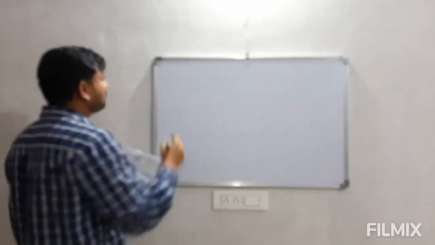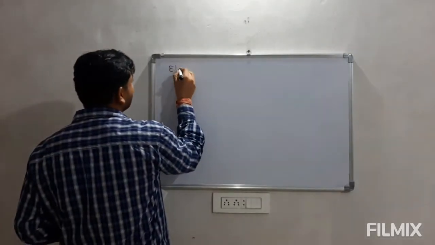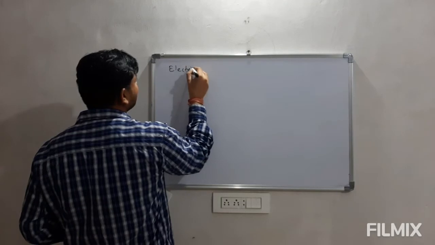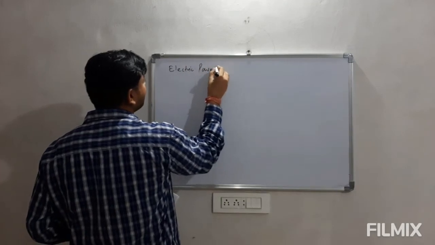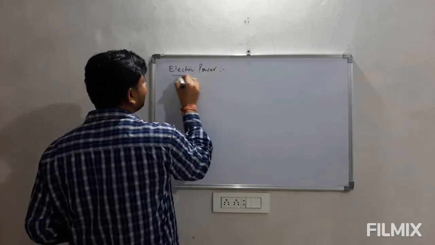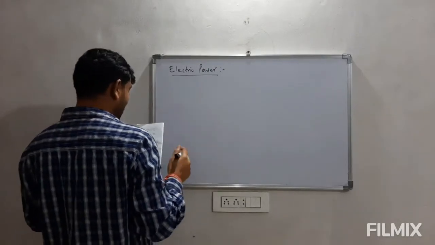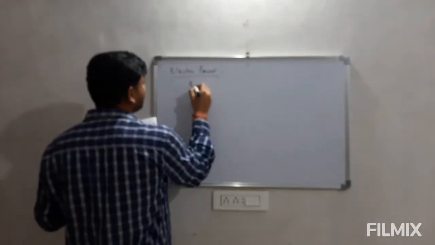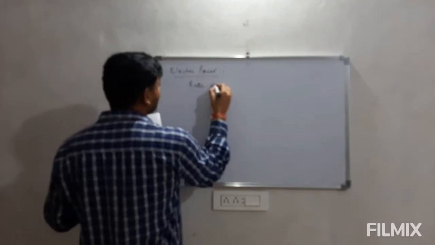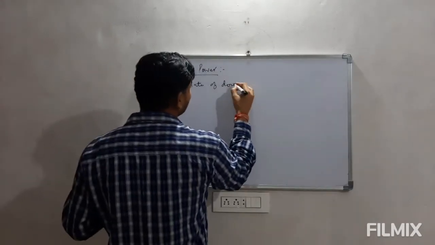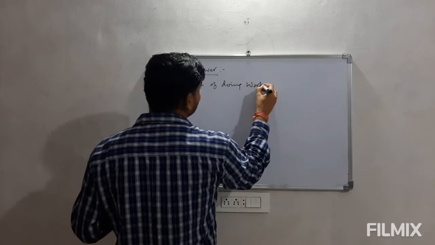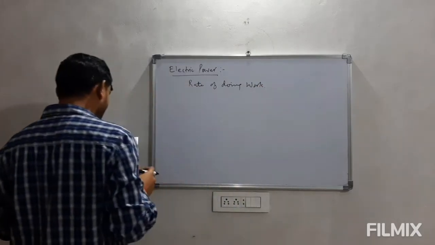Now let us come to a very important topic, that is electric power, which I discussed when I was discussing heat. Electric power is whatever you have studied now. It can be defined as rate of doing work. Power is nothing but rate of doing work.